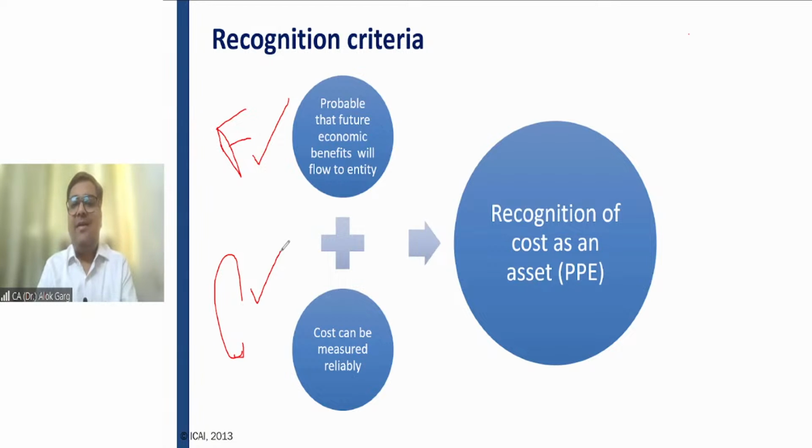If you purchase a truck or a delivery van, what future economic benefit will you get out of that? Delivery of goods and services, right? You have purchased furniture, you have purchased a laptop. What future economic benefit will you get out of that? Of course, it will help you in administrative purposes.